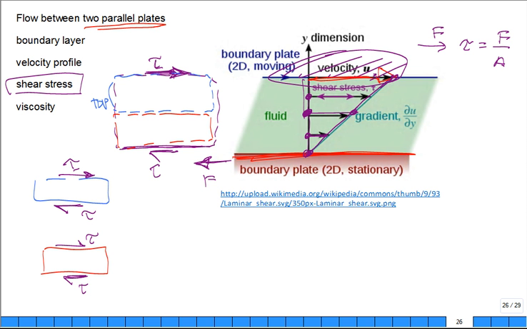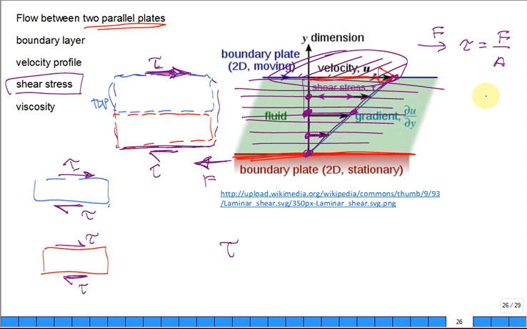Just like the fluid below the blue has a shear stress in the negative x. Well, you could do this anywhere. What you find is that the shear stress, tau, is the same no matter where you cut it. Can you see that? Tau is uniform through that for that velocity profile, which is triangular shaped.